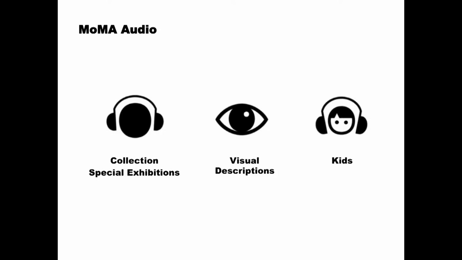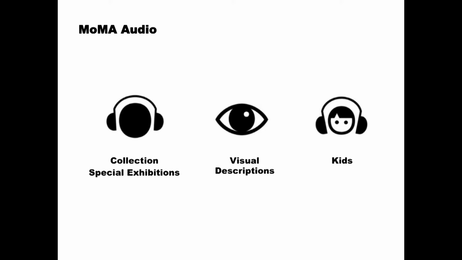MoMA has a long history of developing audio content, including mostly interview-based tours for the collection and special exhibitions, a visual descriptions tour developed with and for blind and partially sighted visitors with very detailed descriptions of works of art, and a kids tour, which is scripted and pretty fun and interactive for families.